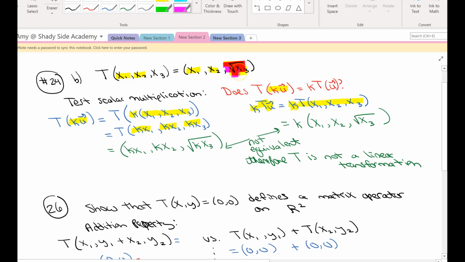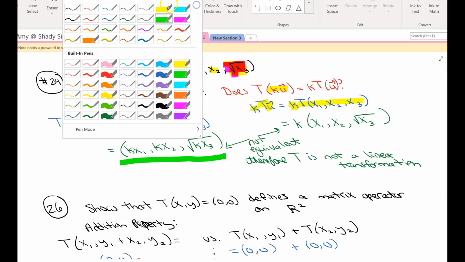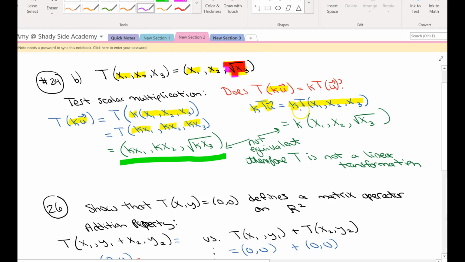Now, if we look at that here and I apply that transformation rule, where I am is right here. If I ask myself, does the transformation applied to k times u equal k times the transformation of u? Well, let's do it out. So here you'll notice that what I need to first apply is the transformation applied to x1, x2, x3, and I know that that output is right here.